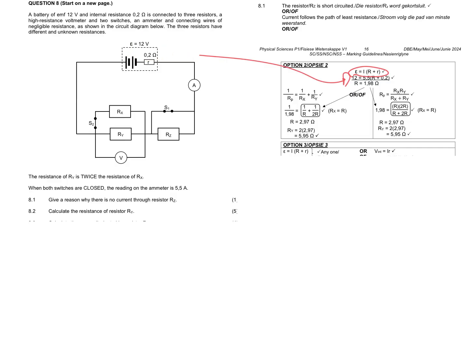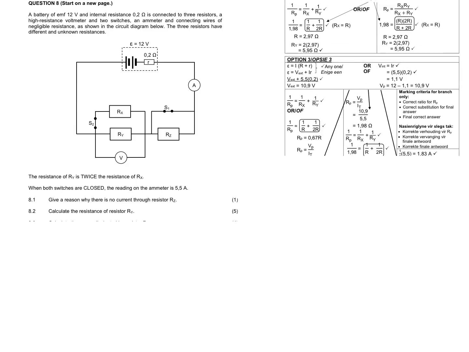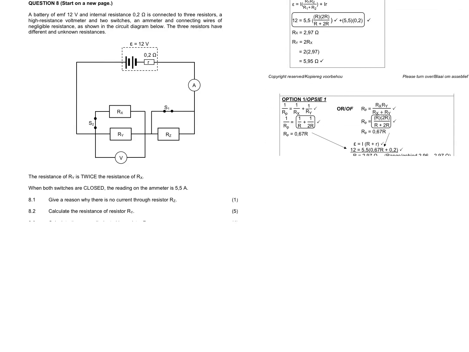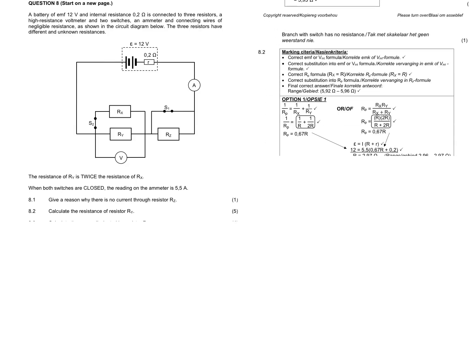Everyone can do that. Don't get anywhere near the answer, but then just say that RY is equal to 5 or 6 or 7 or something, because then later on, you can maybe use it again if it suits you. Okay, so RY is done.